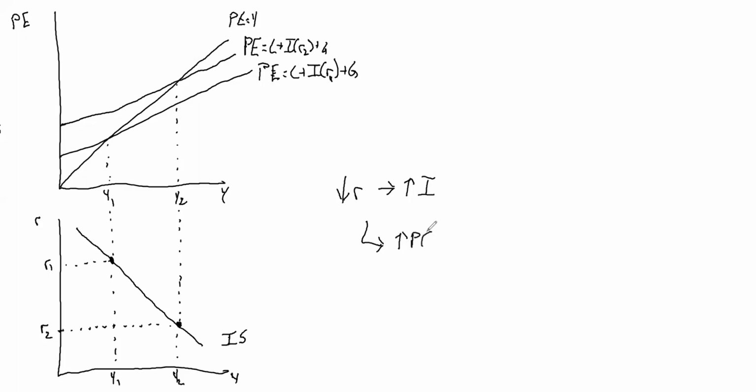So PE went up. And when planned expenditure goes up, because our equilibrium condition is PE is equal to Y, that meant that Y had to increase as well. And so we see this negative relationship where a fall in R, a fall in the interest rate, leads to an increase in total income.